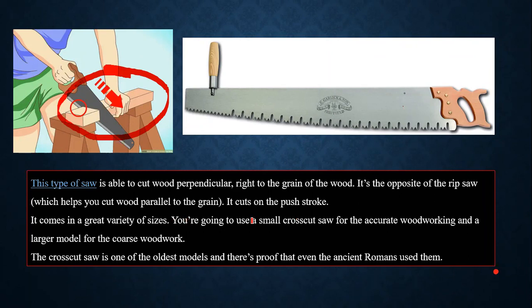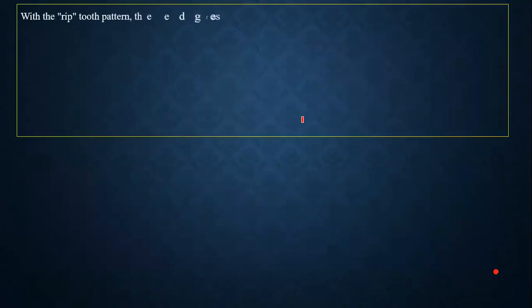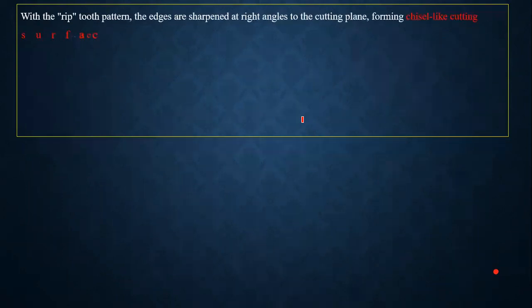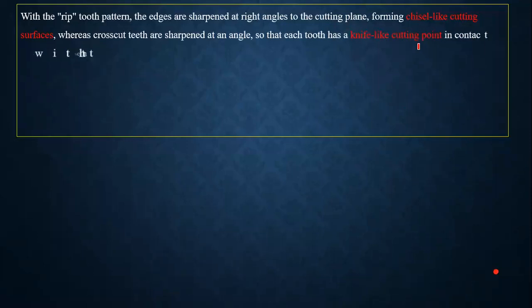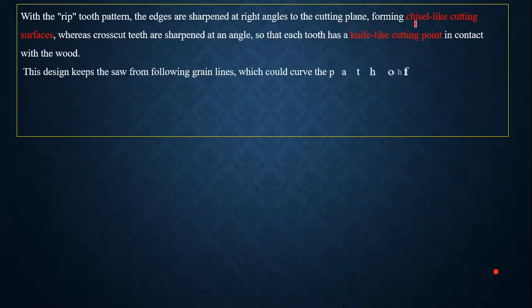The second difference is that the number of teeth here also differs, and also the angle to which the teeth are tilted. Let's go and look at it. The direction of the angle of the cut is different from that of the cross-cut.